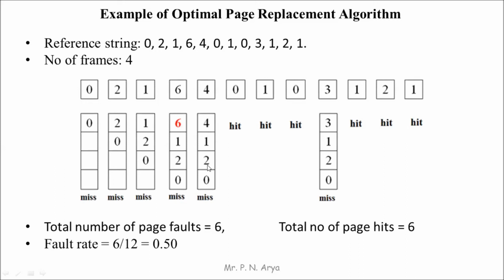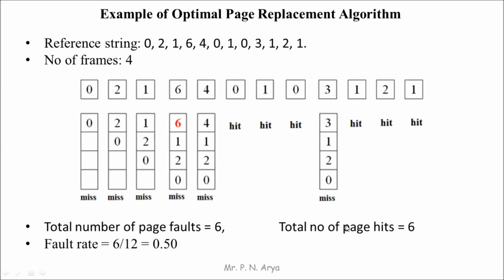In the exam, the total number of page faults may be asked. So there are 1, 2, 3, 4, 5, 6: a total of 6 page faults occurred, and the total number of page hits is 6, because 1, 2, 3, 4, 5, 6.